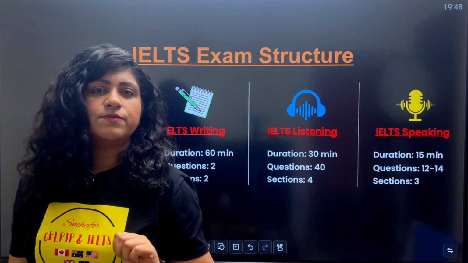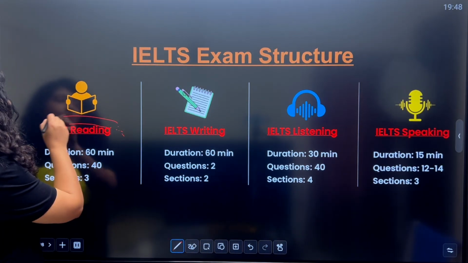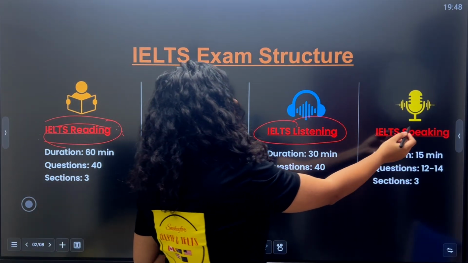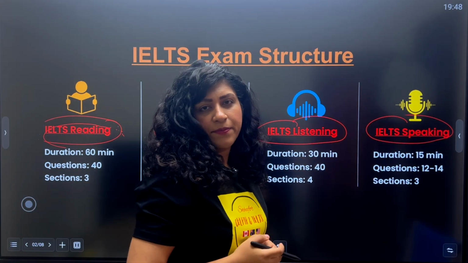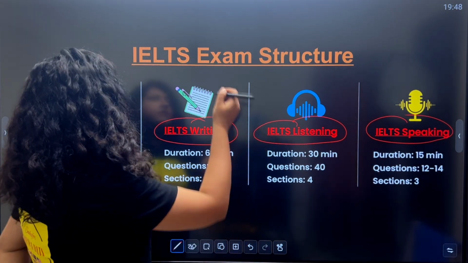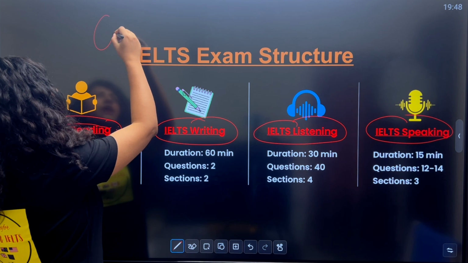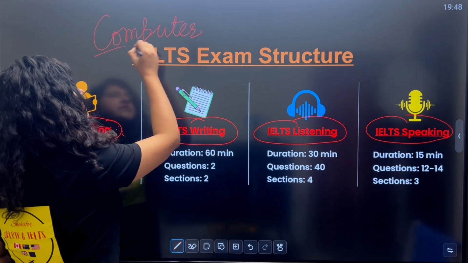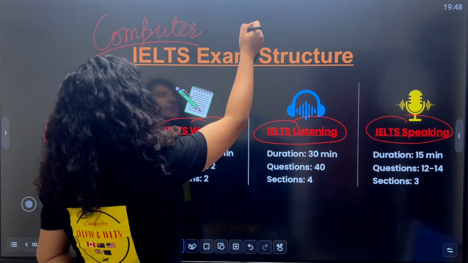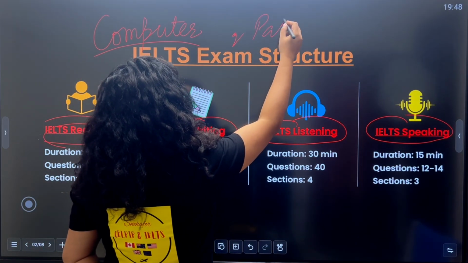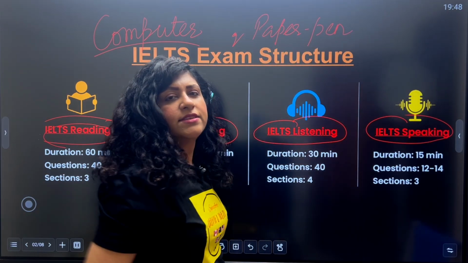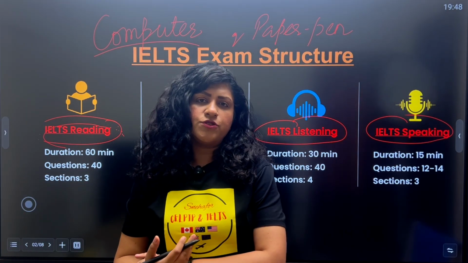So these 4 skills are judged in this examination, and these 4 skills form 4 modules of this examination, which are reading, writing, listening and speaking. Now when we talk about IELTS, it's conducted in 2 modes. So we have IELTS in the form of a computer based examination, and the other one, a paper and pen based examination.